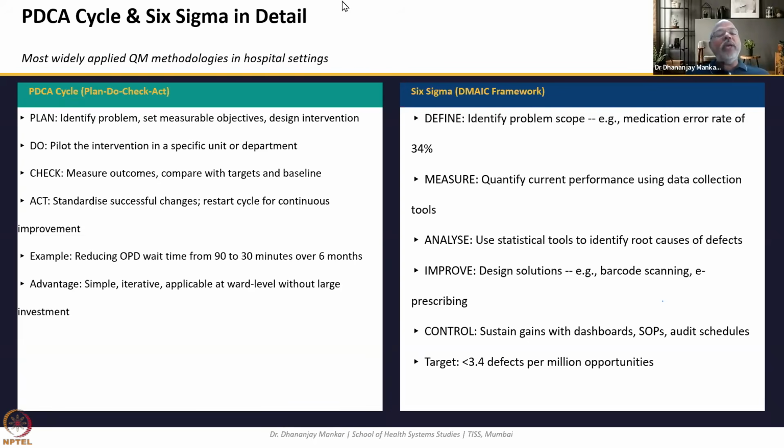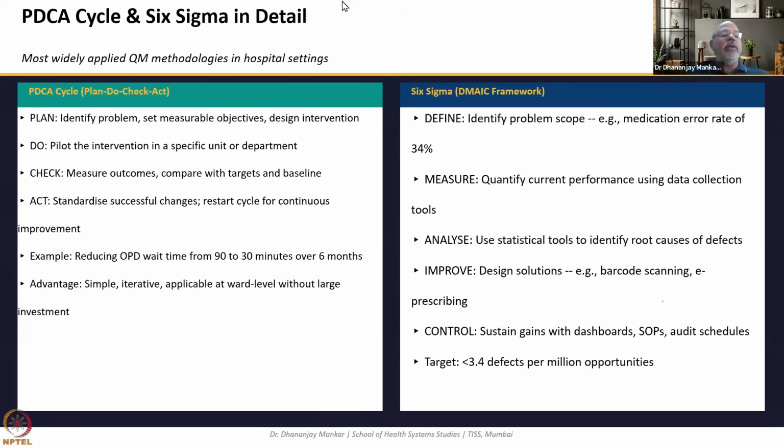In the case of PDCA it was identifying the problem; here it is identifying the problem scope, whether that problem can lead to medication error of 34%, or discharge delay of more than 2, 3, or 4 hours. Measurement means assessing current performance using data collection, where you have to gather intense data.